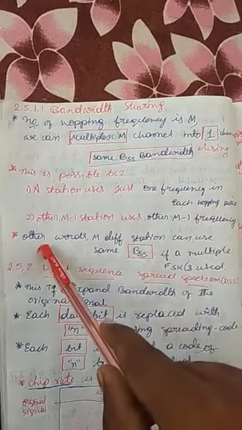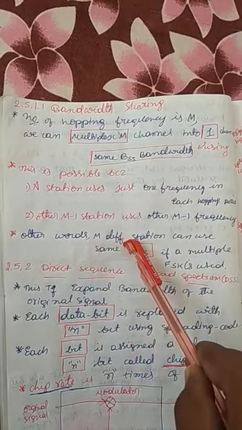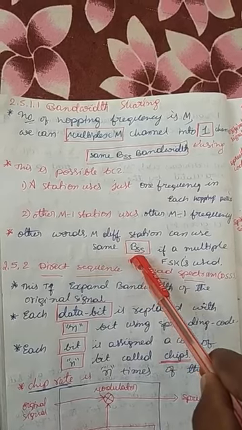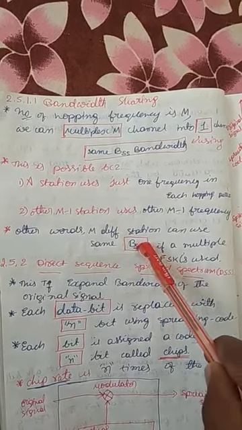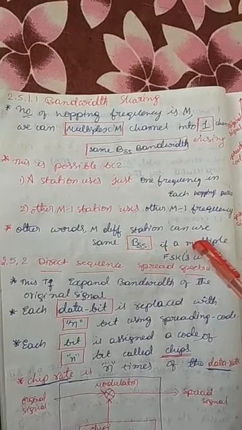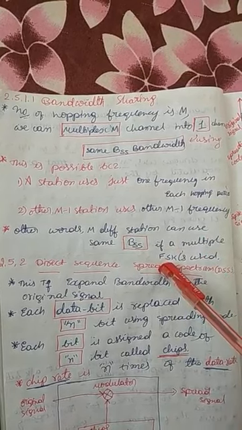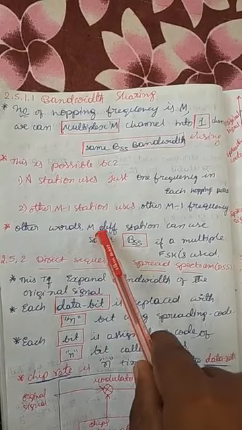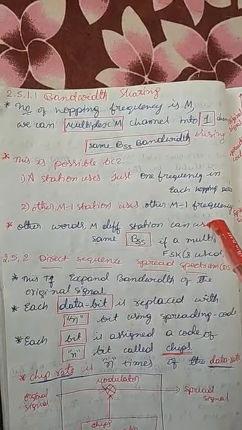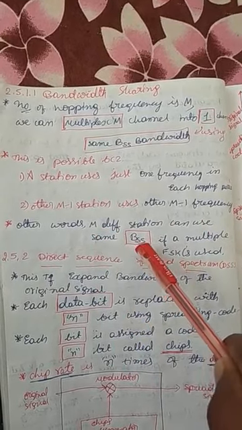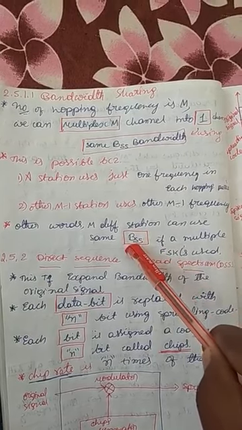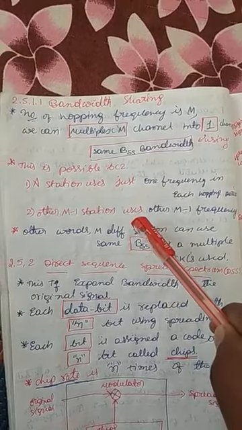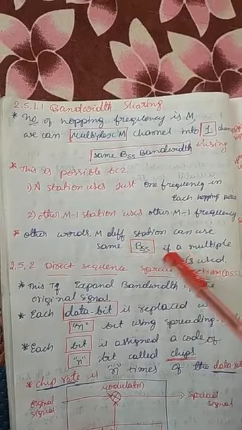In other words, m different stations can use the same spread spectrum bandwidth if multiple FSKs are used. That is the meaning of this.